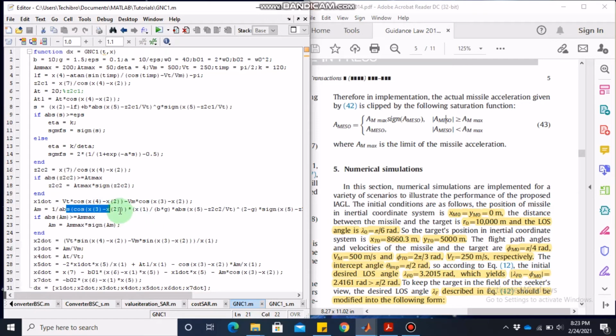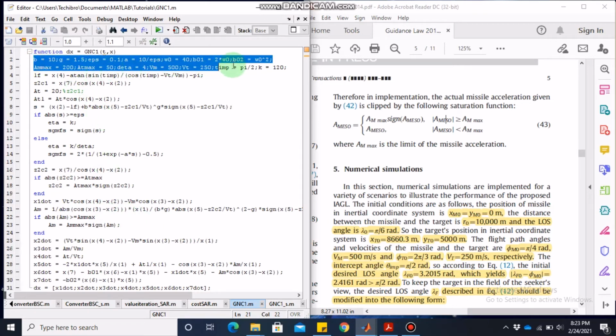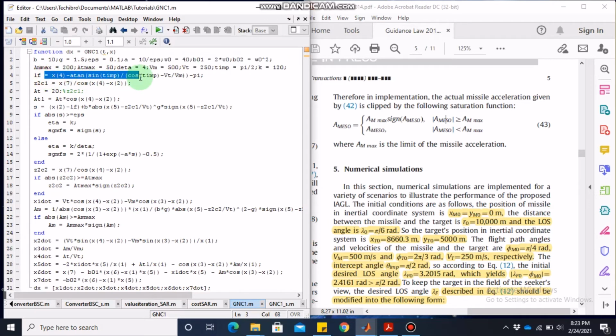Then again, starting from the beginning, these are the constants. This lambda f is equation number 44. Then this is the sliding surface, equation number 33. Then there are some terms inside the guidance law.